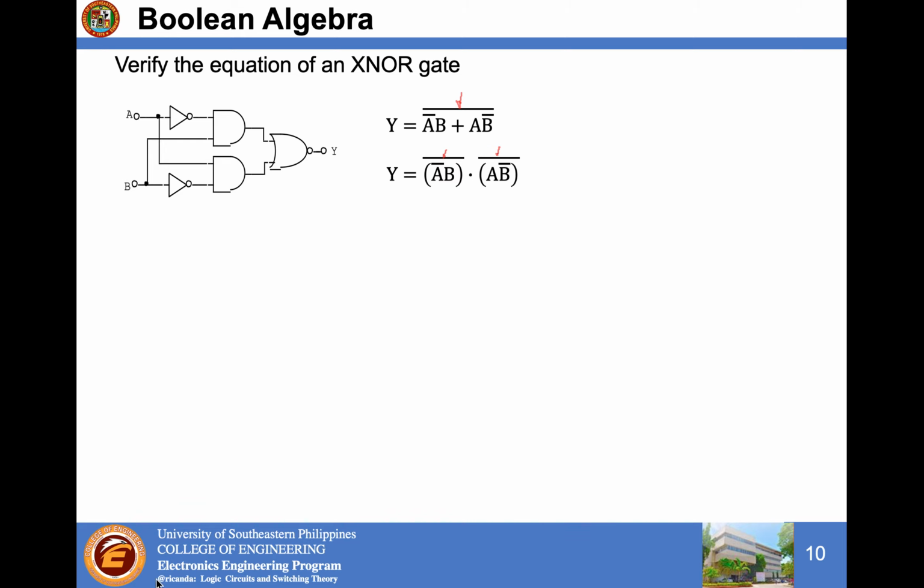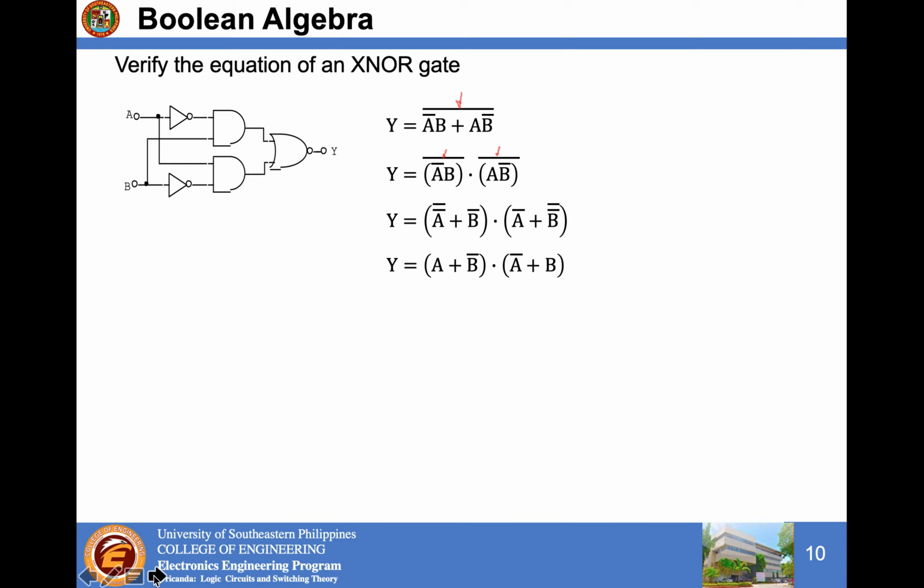So that is equivalent to: we now have a double bar, A or B bar, and with A bar or B double bar. Using double negative, it becomes A or B bar, and with A bar or B.